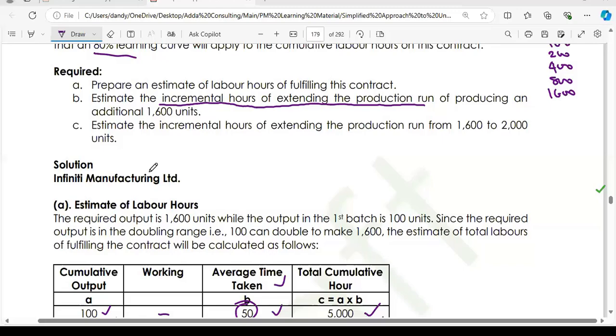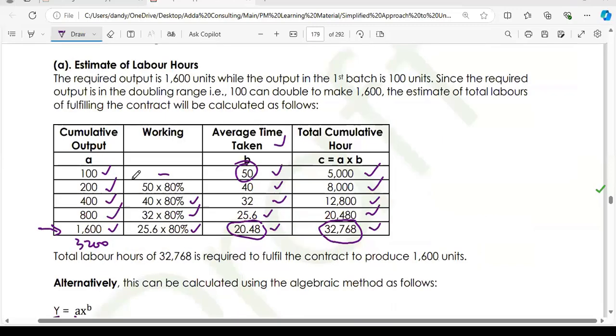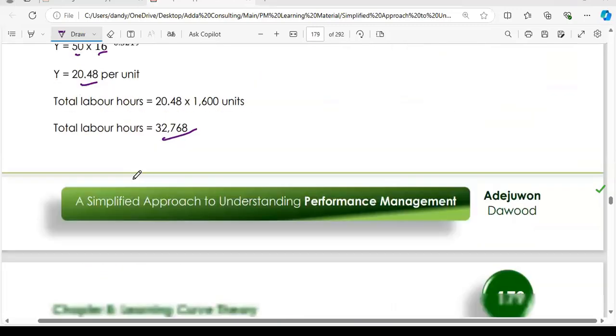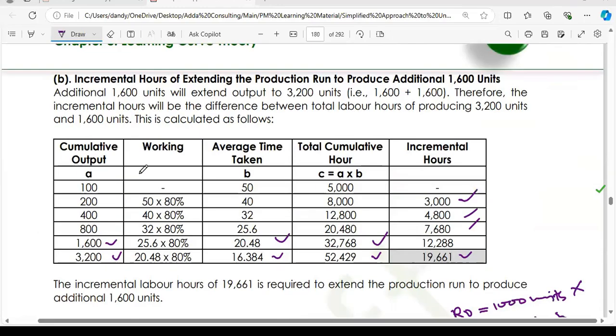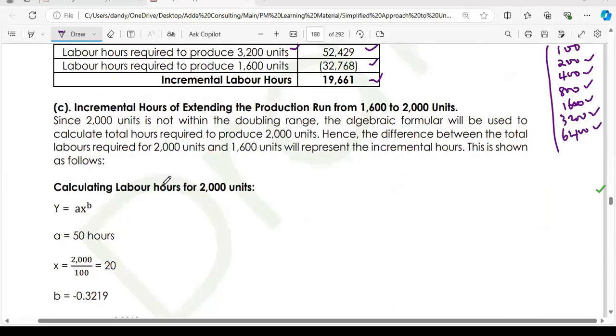All you need to do now is, in this case, your required output will then be 3,200. Let me just demonstrate it for you. In this case, I would say Y equals a x raised to power b.